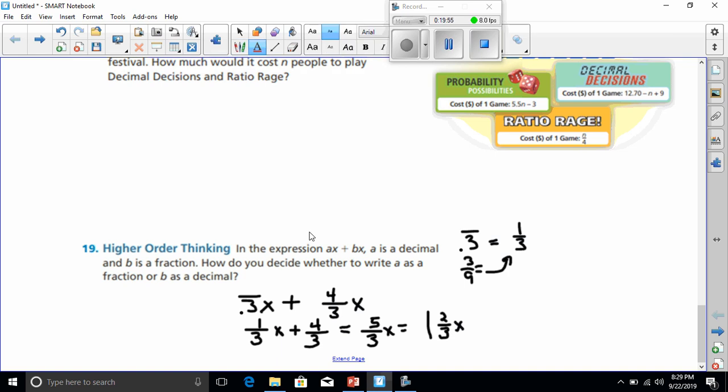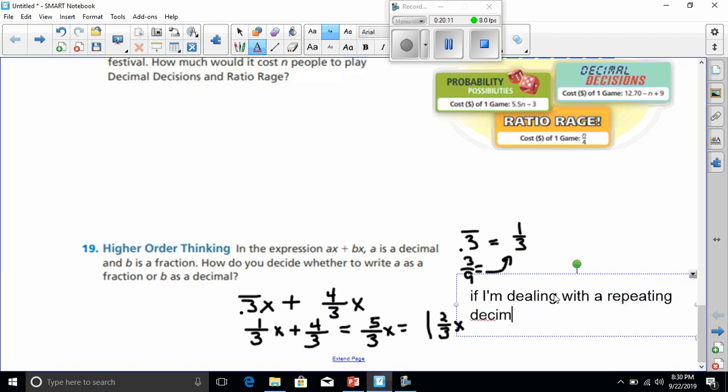Let's see, I guess if I was to write it out, I would put: if I'm dealing with a repeating decimal, I would make it a fraction.